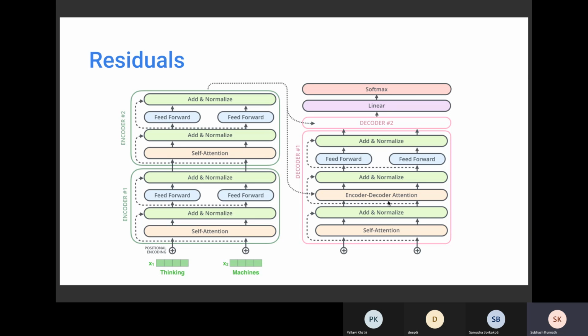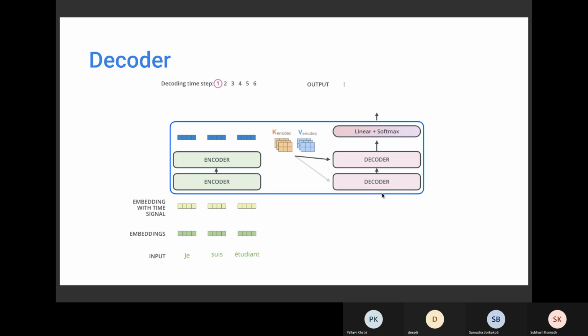While decoding, it looks for what sequences in the input need to be focused on, other than the sequence it's processing. So in the decoding process, decoding for time step one is happening here, and the output is one.